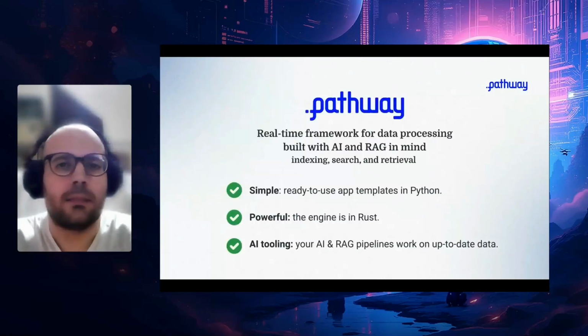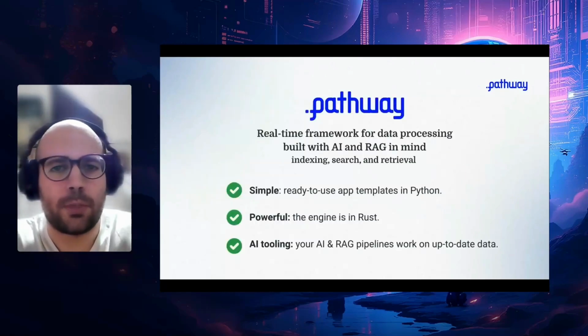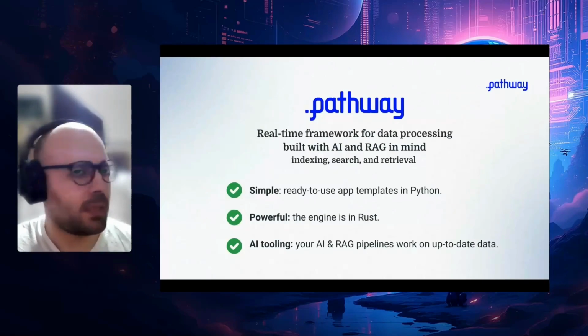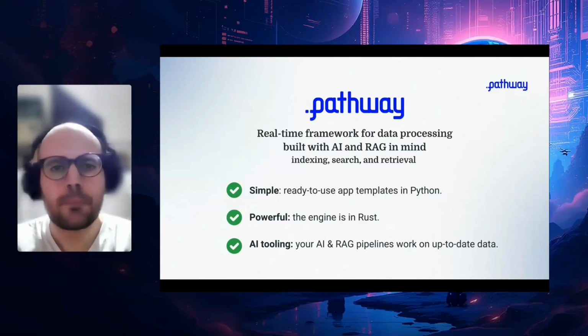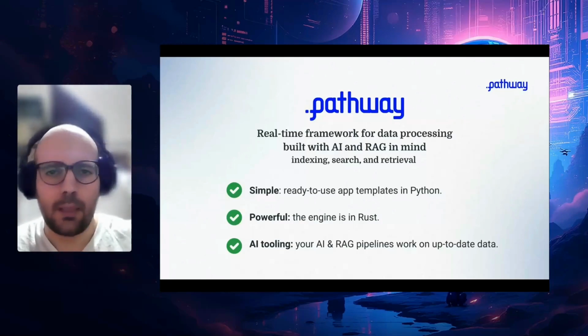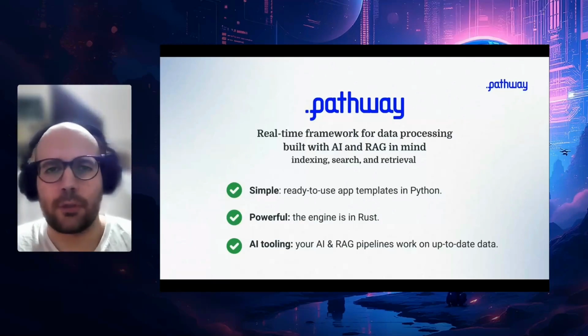At the core, we have a data processing framework, processing in real time, written in Rust, which allows it to be very fast and very powerful, but the whole library is available in Python, as that's a much better choice for data processing and data analysis.